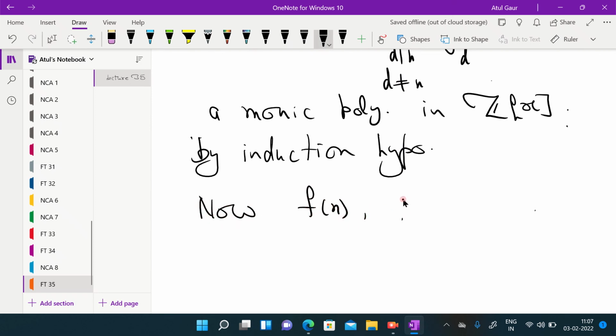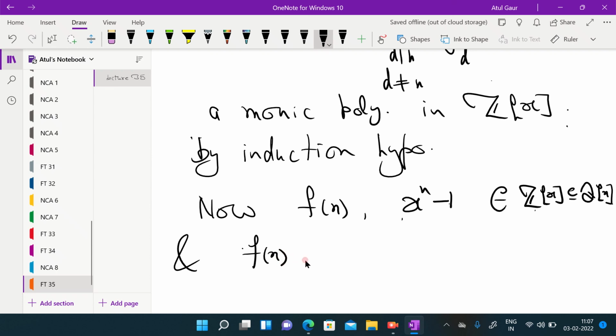fx and xn minus 1, where are these? They are in zx, or in qx simply. Zx is contained in qx, that's fine. And fx divides xn minus 1.